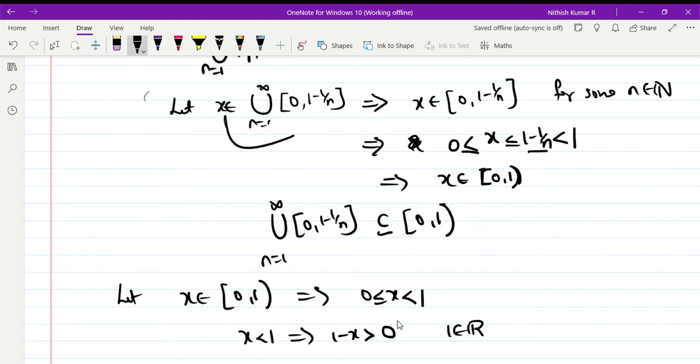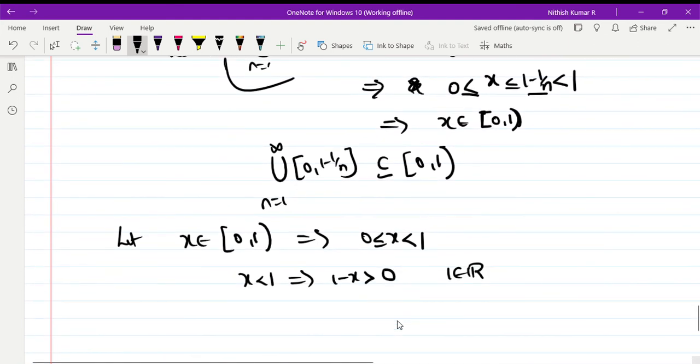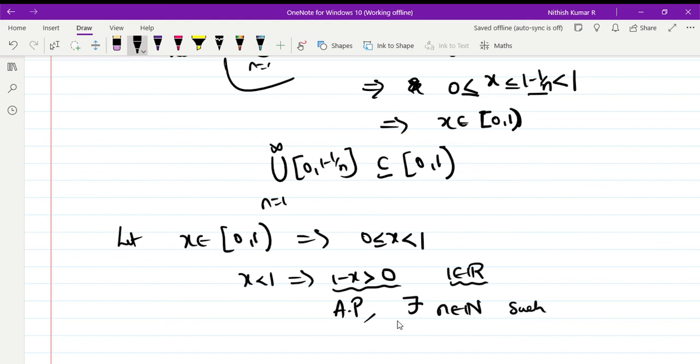Now using the Archimedean property again, there exists a natural number, say n belongs to N, such that (1 - x) times n is greater than 1.